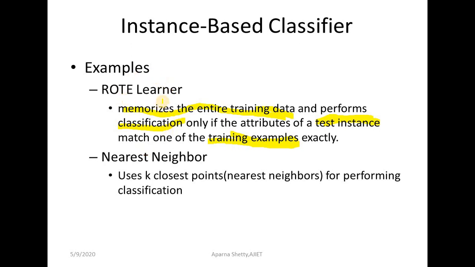In rote learner, only if there is a perfect match between the attributes of the test instance and the training examples will it classify. In nearest neighbor, it uses the k closest points, or the k nearest neighbors, for performing the classification. We will be studying this nearest neighbor classifier in detail.